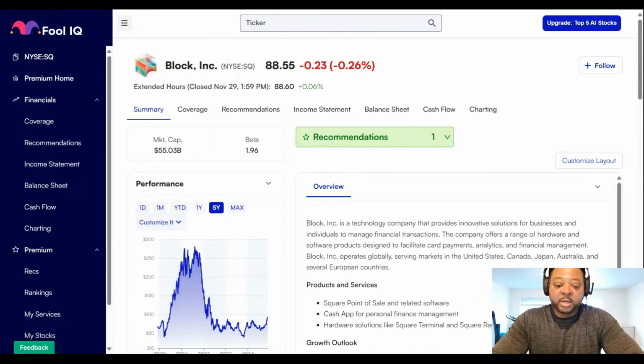Block Inc. is a technology company that provides innovative solutions for businesses and individuals to manage financial transactions. You just swipe them in Square. You just swipe. They're getting more advanced now. I'm going to take y'all to the website also so you can see what the product is. You don't want to invest in a company if you don't know what the product is.